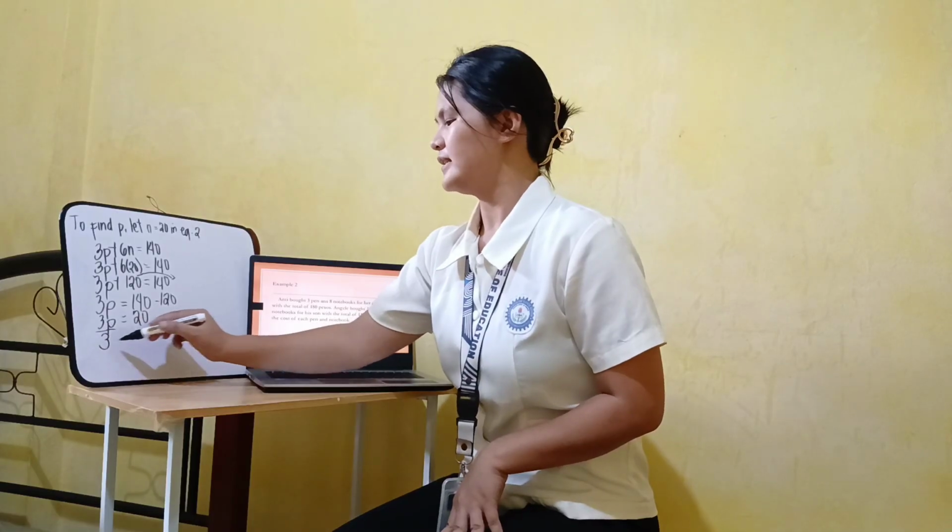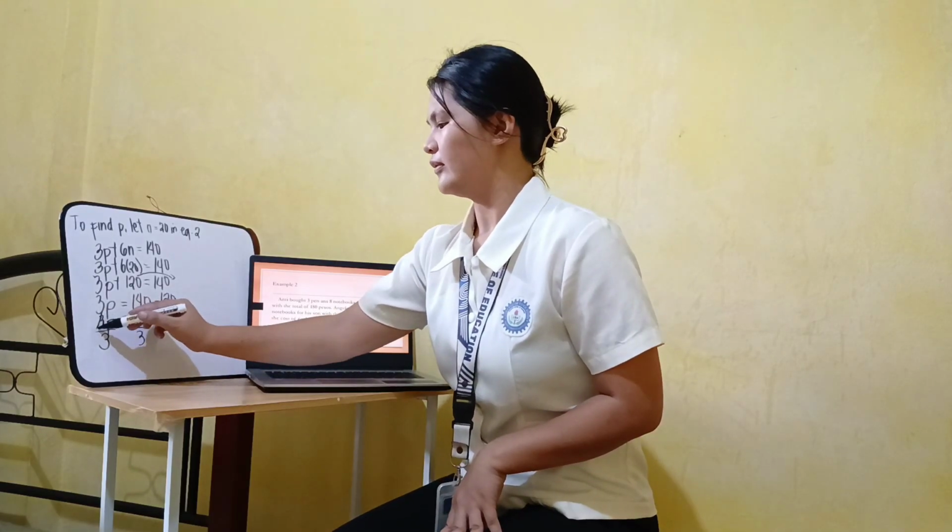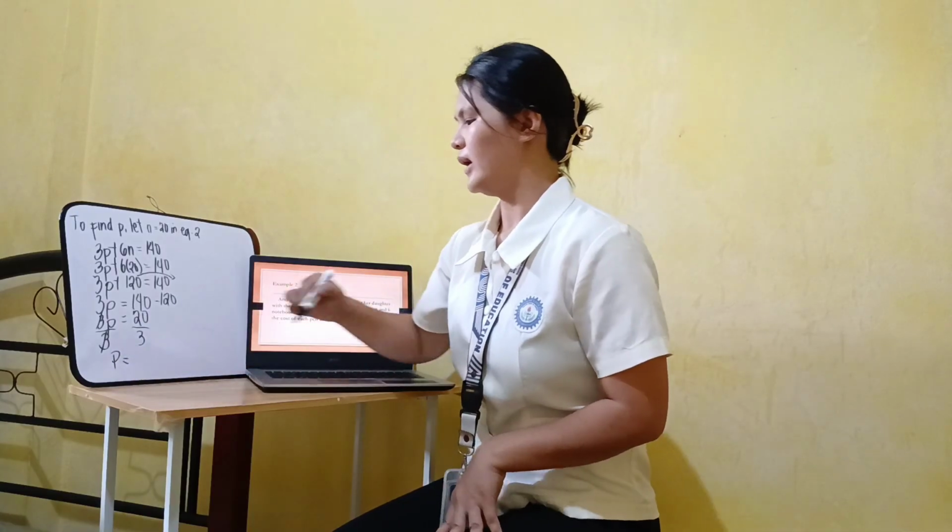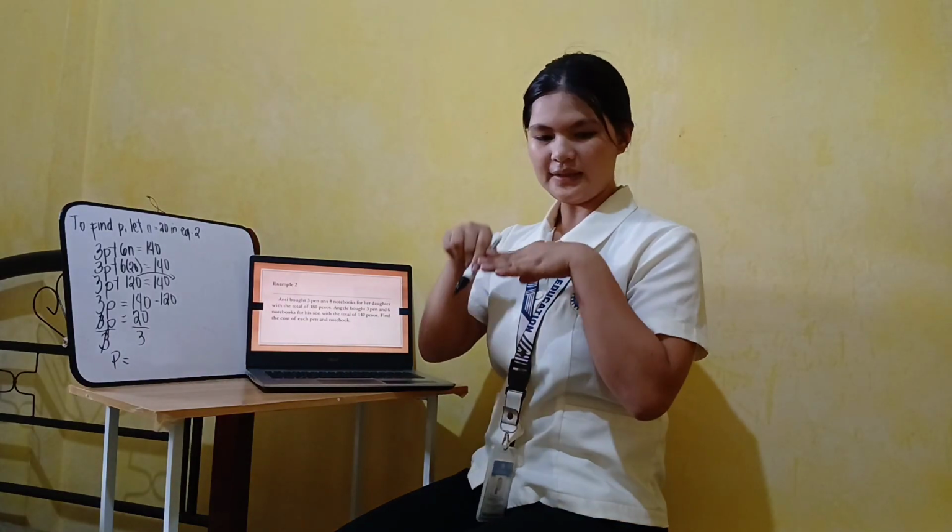Divide both sides sa 3 para ma-cancel out natin si 3, and p is equal to 20 divided by 3 is equal to 6.67.